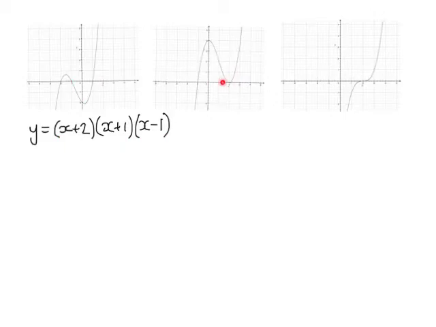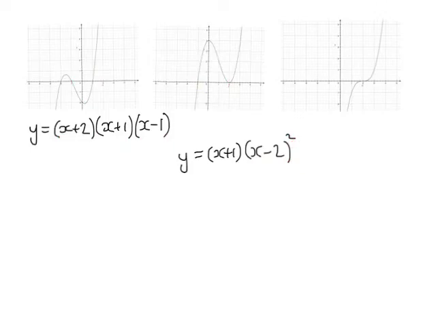With a cubic, we call this a double root, and we can write out the equation of this cubic as y equals (x + 1), that's from our root here at -1, times (x - 2) squared. So this is from this double root at x equals 2. It touches the axis, we call it a double root, so it's (x - 2) squared.